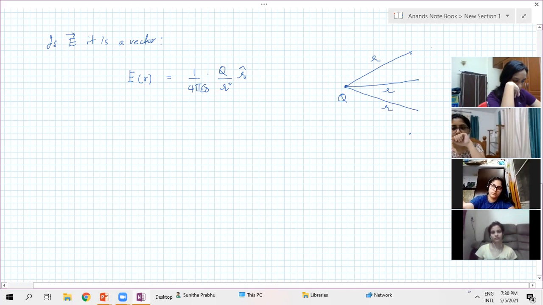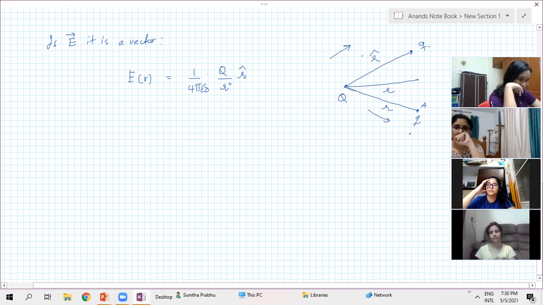So electric field is a vector. How do you then show the vector part of it? So if you are keeping your charge here, the electric field will be in this direction, in the direction of this R cap. Supposing you're putting your charge here, you want to find the electric field at this point A. Then electric field will be along the displacement.